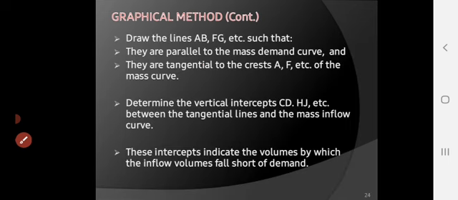So these are the steps which are to be followed to determine the reservoir capacity. Let's see. First draw the lines AB, FG, etc., such that they are parallel to the mass demand curve and they are tangential to the crests A, F, etc. of the mass curve.